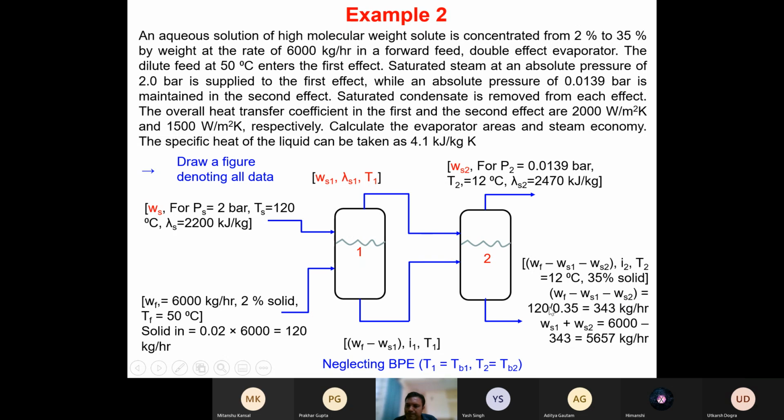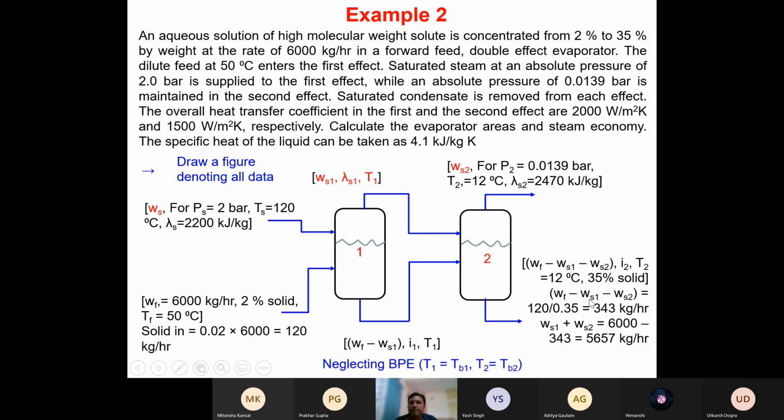So that comes out to be 120 divided by 0.35. My final concentrated solution is 343. So if I subtract this 343 from this 6,000, that is the amount of evaporation that takes place between both the effects 1 and 2. So 5657 is the amount of vapor evaporated, isn't it? So WS1 plus WS2, that total will be 5657.